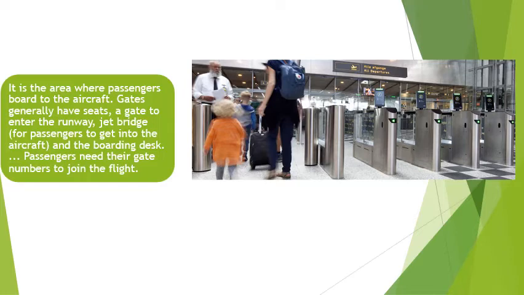Sometimes the airline is late due to weather obstruction or many other things, so you will be asked to sit in the terminal building, and you need seating. That seating is arranged at the gate, the entry or exit or terminal gates. You will be relaxed there until you are given entry.